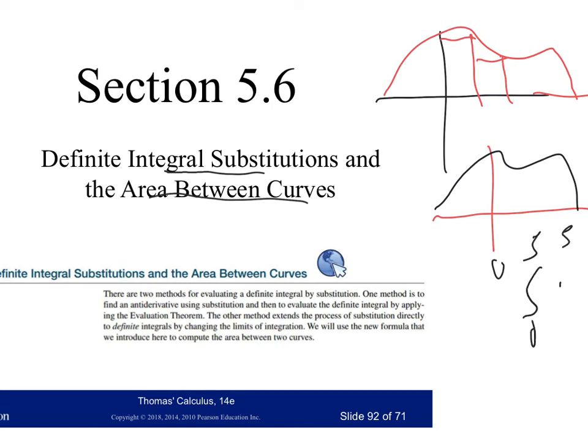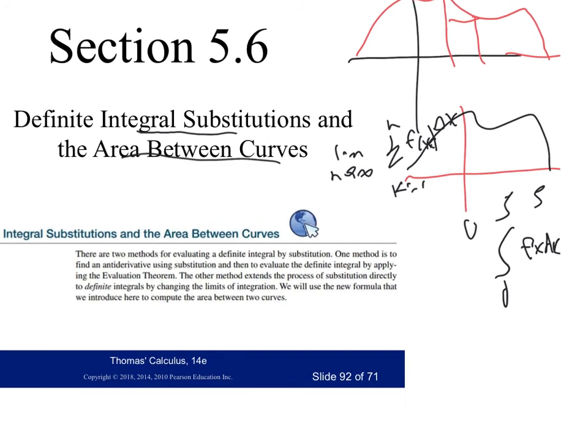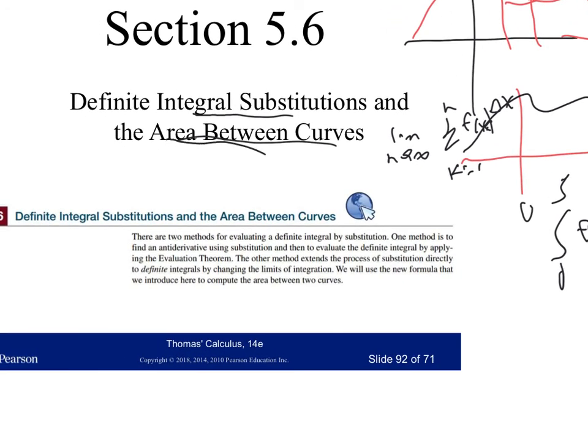We've done it with the limit as n approaches infinity of the sum as k goes from 1 to n of f of x sub k times my delta x. We've done all that. But now we're going to do between curves.